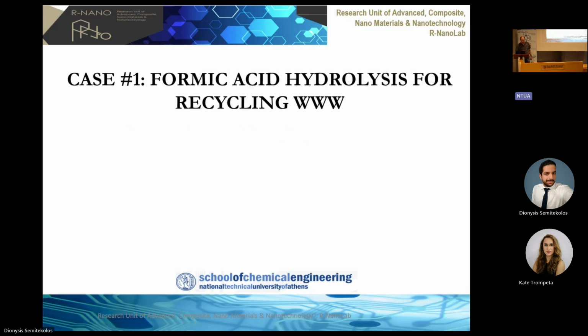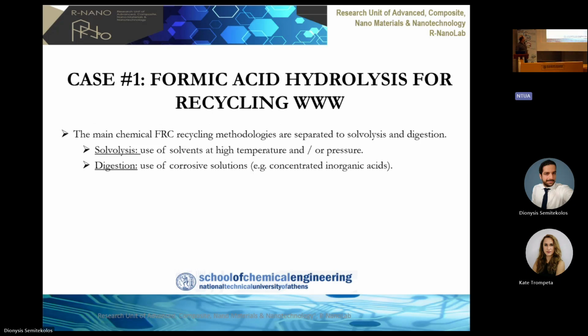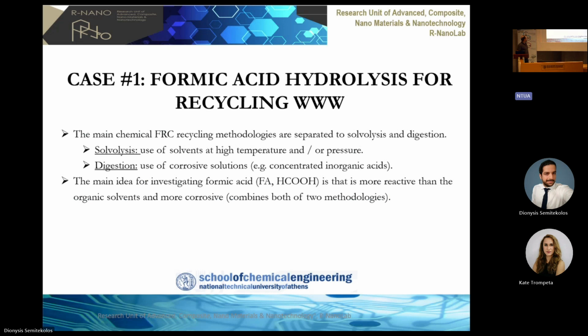The first case is formic acid. The main chemical recycling methodologies are separated mainly into solvolysis and digestion. In the case of solvolysis, you use solvents at high temperature and/or pressure in order to achieve the desired result.